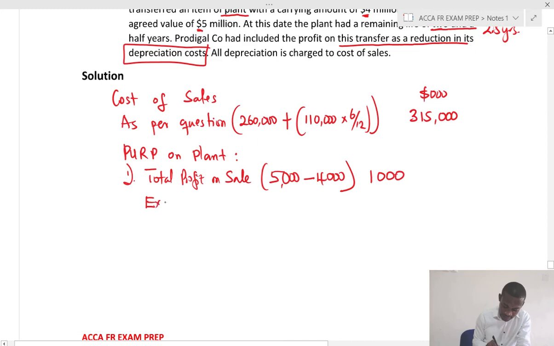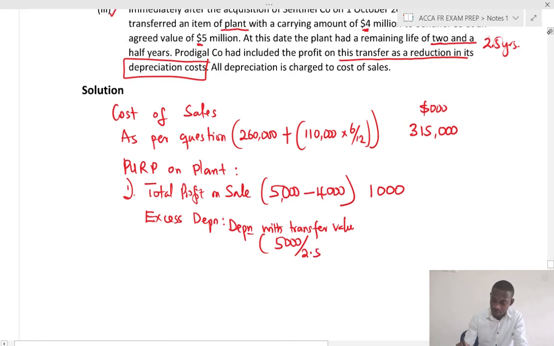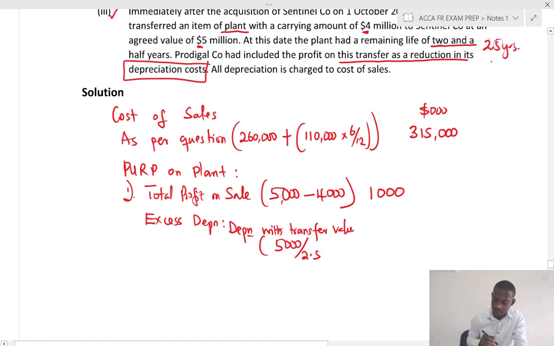Now the excess depreciation would be the depreciation with transfer value, and what that would be is the 5,000 divided by 2.5 years, because the plant had a remaining life of 2.5 years, times 6/12.